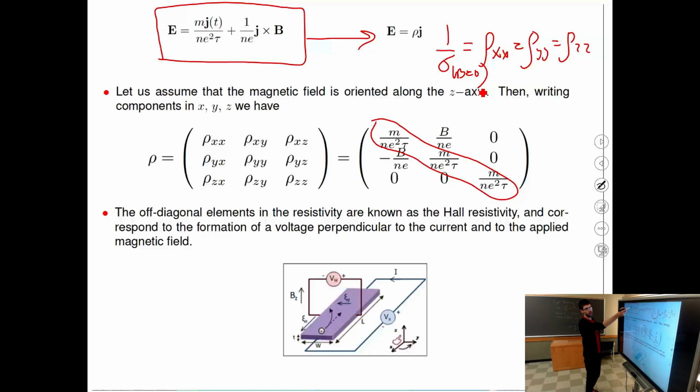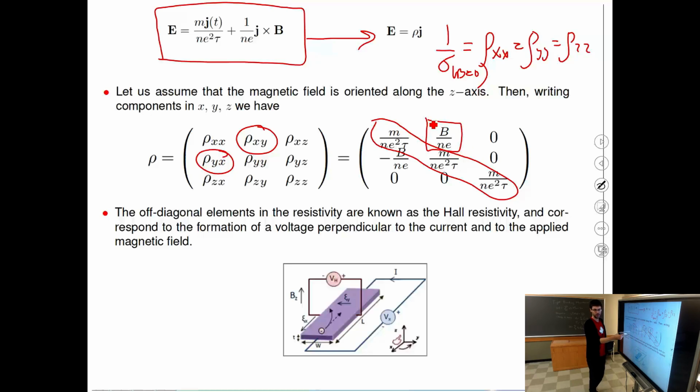And then the terms that come from the cross product with the magnetic field are off diagonal. They are terms rho xy and rho yx. Okay? And they are B divided by NE.